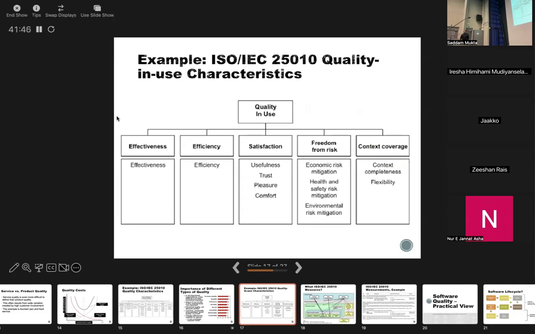These are called quality in use when one user interacts with the system. As a user, what benefit am I getting? These are effectiveness, efficiency, satisfaction, freedom from risk, and context coverage.